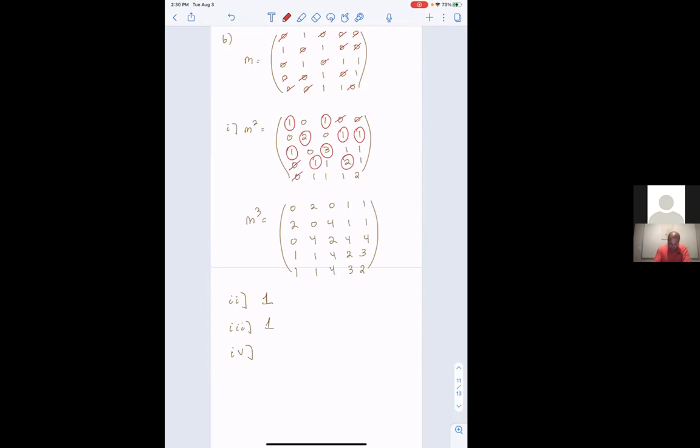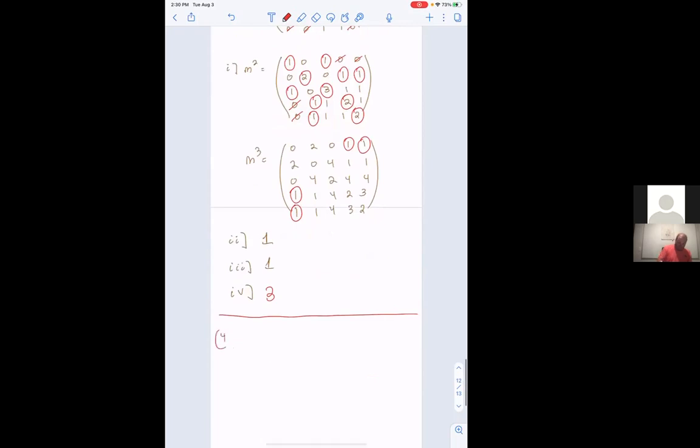Still a 0, cleared up, cleared up. So we have 4 more to worry about. Cleared up, cleared up, cleared up, clear it up. So the diameter is 3. In 3 steps or less, I can get from any vertex to any other one. So the maximum shortest walk between any 2 vertices is 3. Diameter 3.